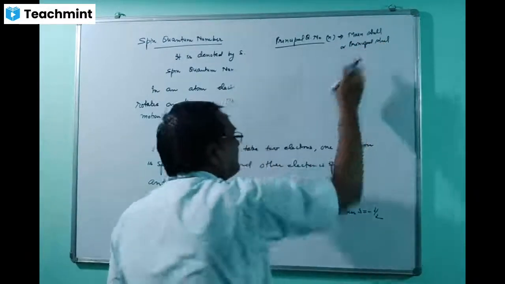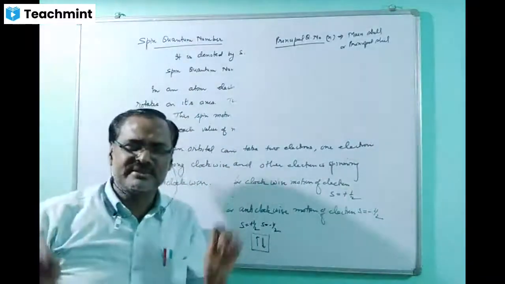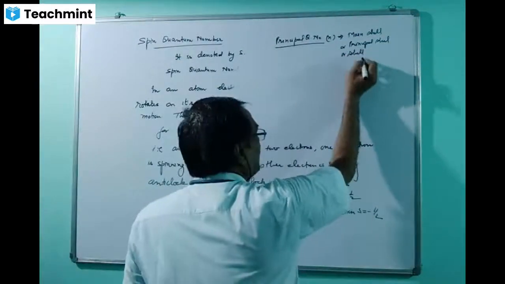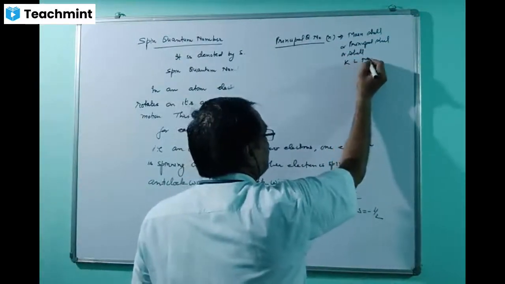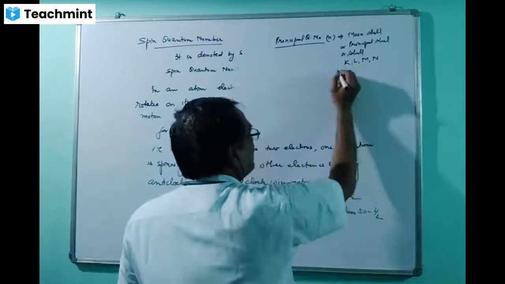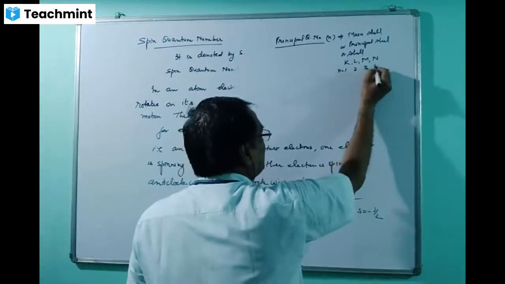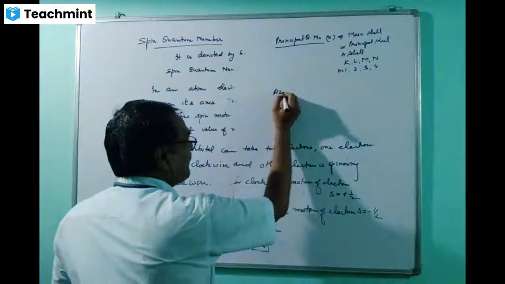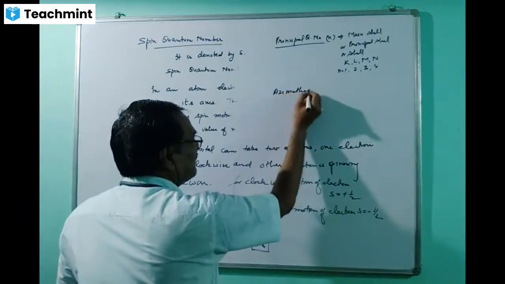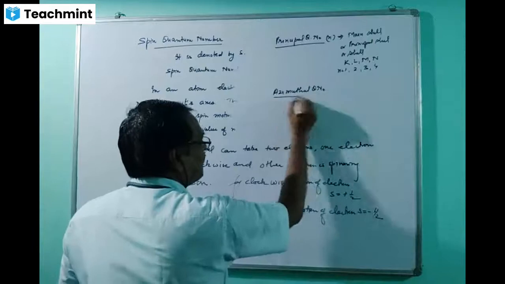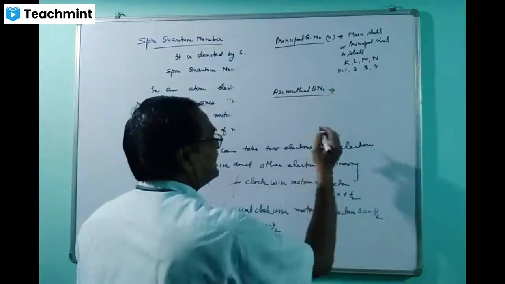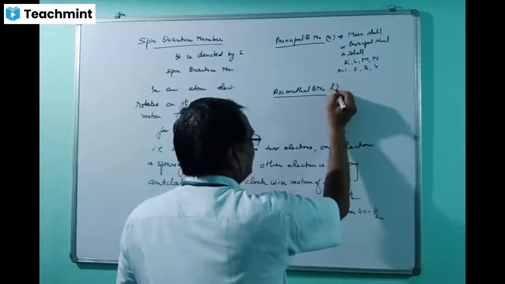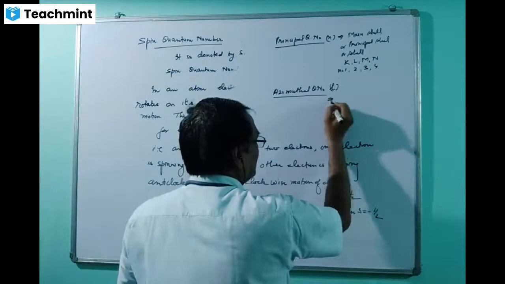In your book it is called principal shell, but we consider main shell or only shell. That is K, L, M, N. Value of n is 1, 2, 3, 4. Next one you have studied is the azimuthal quantum number. It is denoted by l. It gives the subshell.